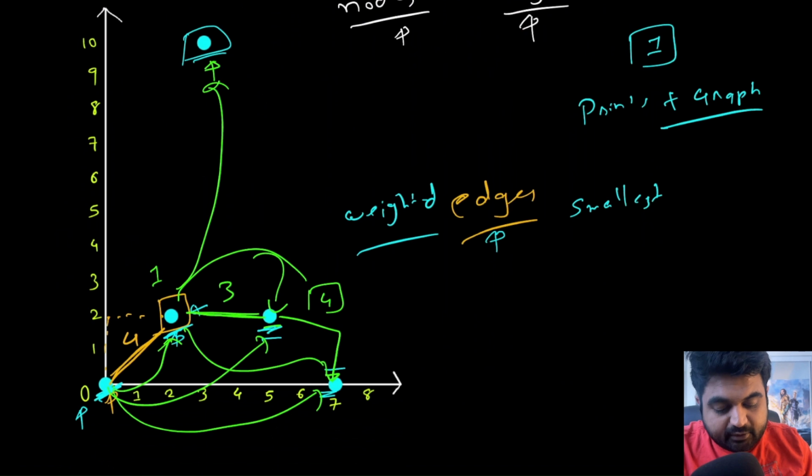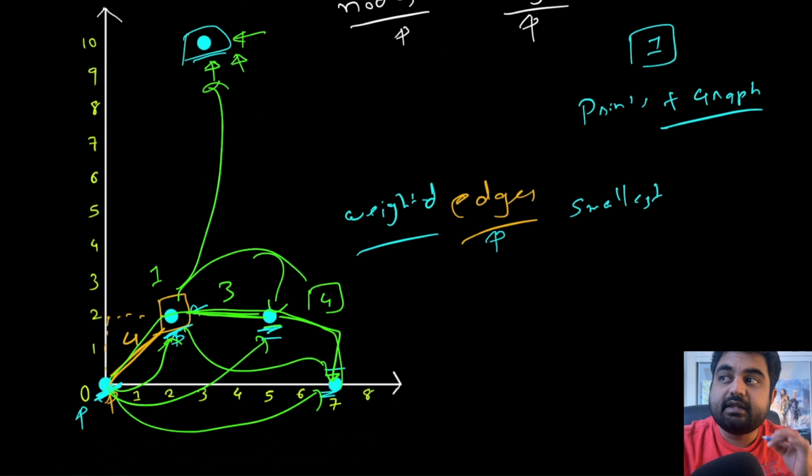Because it could be possible that there are some nodes that are not down the path of the shortest nodes. But we need to connect all the points, so we will still have to find a node that is closest to this node, such that it makes sense to make that connection.